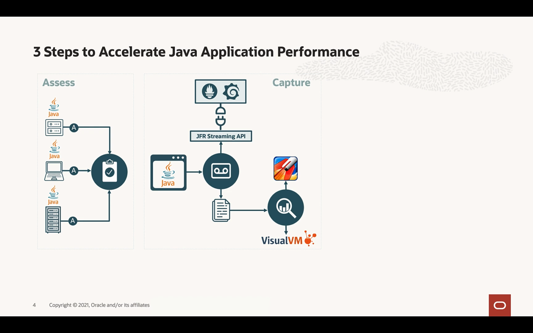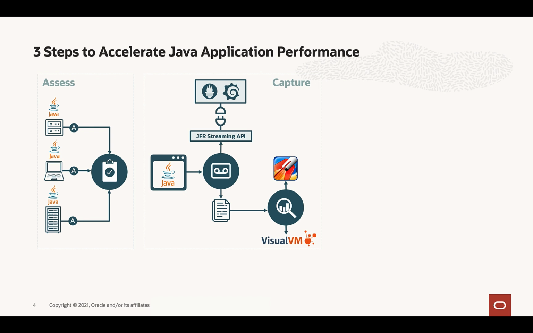Both JMC and GraalVM have graphical user interfaces that enable you to quickly and easily see information about multiple Java applications running in your environment. Both of them offer profiling capabilities.